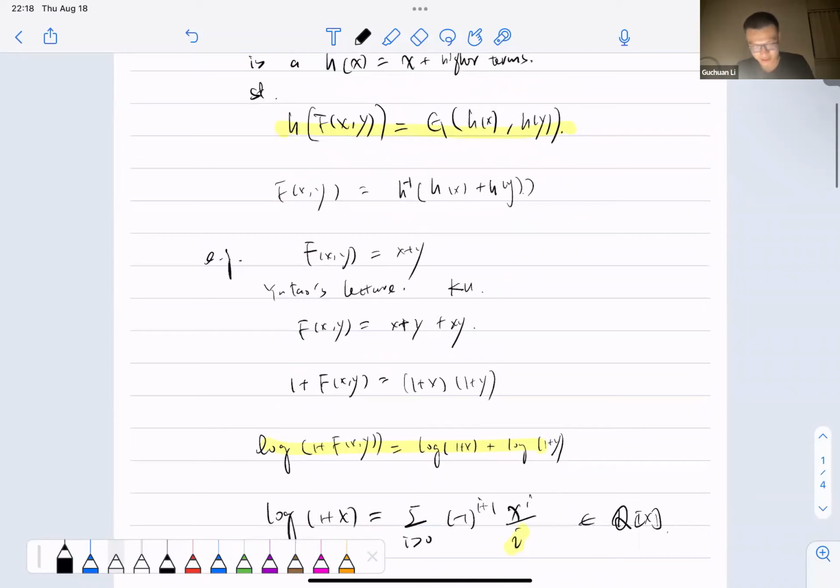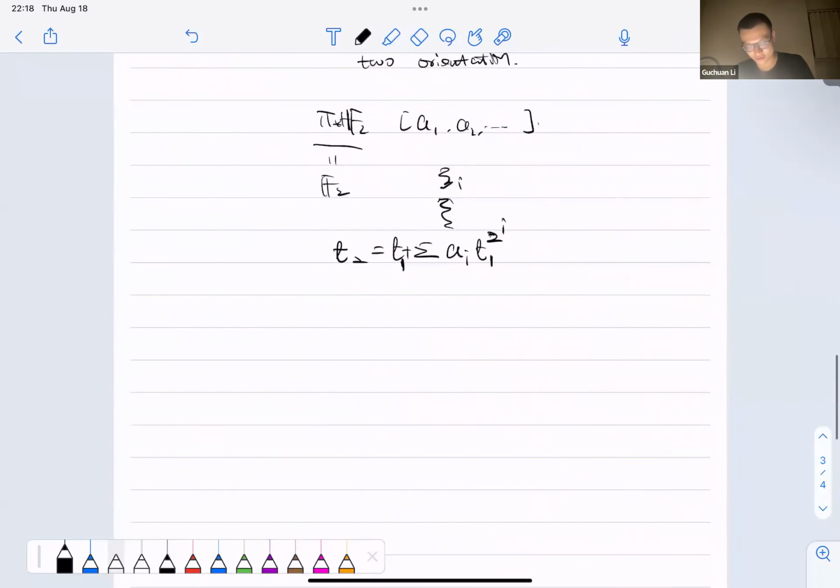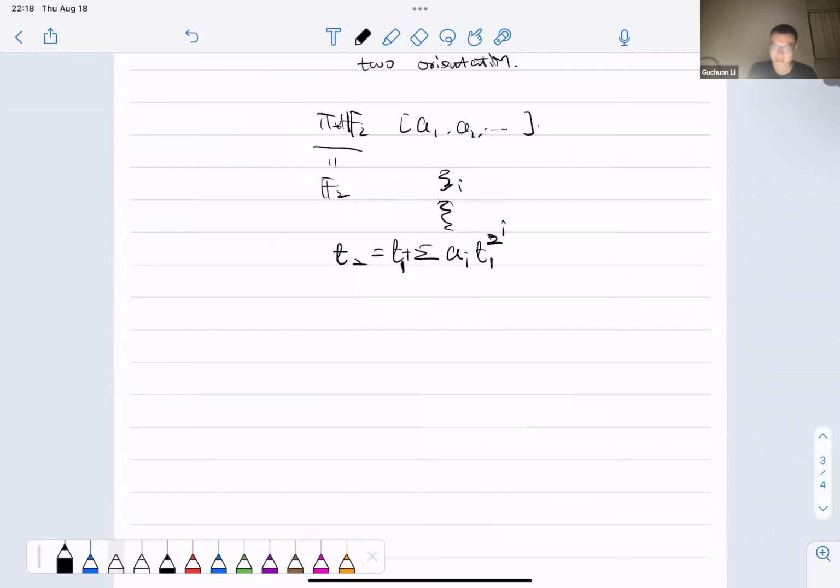In particular, in this case, h(x plus y) equals h(x) plus h(y), and then you can just compare coefficients. You see h can only have nontrivial coefficients for t to the 2 to some power, and that's the interpretation for the A star.